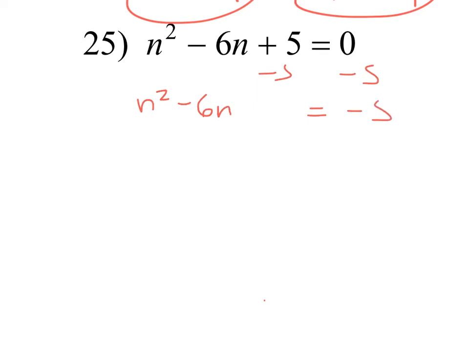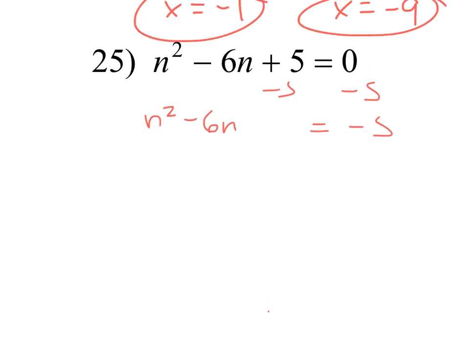And what's going to go in this space? 6 over 2 squared. So what's 6 over 2? 3 squared. So we're adding the 3 squared on the left, and we need to add the same thing on the right. What's 3 squared? 9. So what do we do now? n squared minus 6n equals 4.